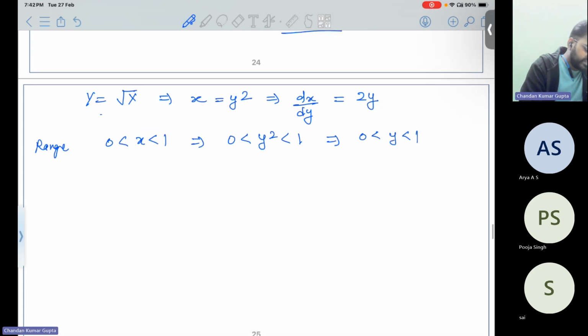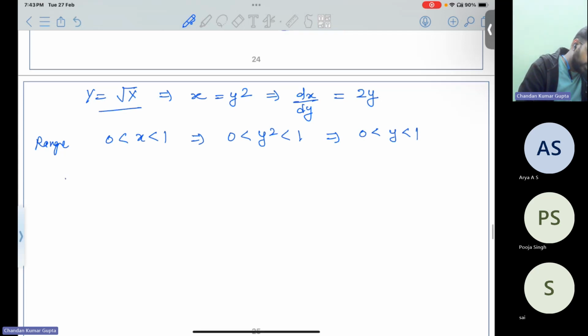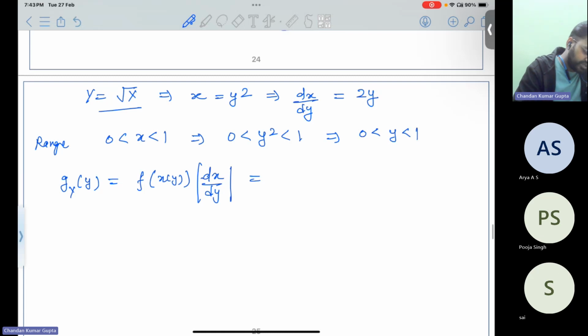Now, here y equal to root x is a continuously differentiable function and is increasing in nature. That means we may directly use the PDF formula like this: f of x times the absolute value of dx upon dy.